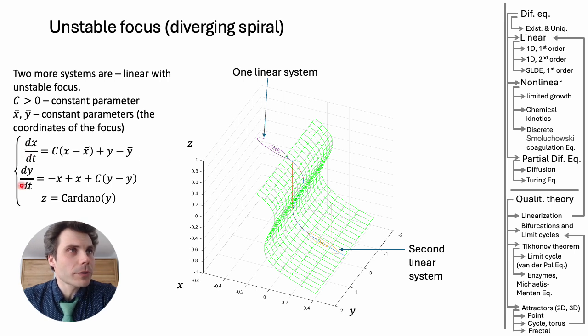So here is the general form of this linear system. The x bar and the y bar are nothing more than the coordinates of the center of the focus, the x and y coordinates. And z is, as I already mentioned, the Cardano function of y, meaning the reverse function of the cubic polynomial.